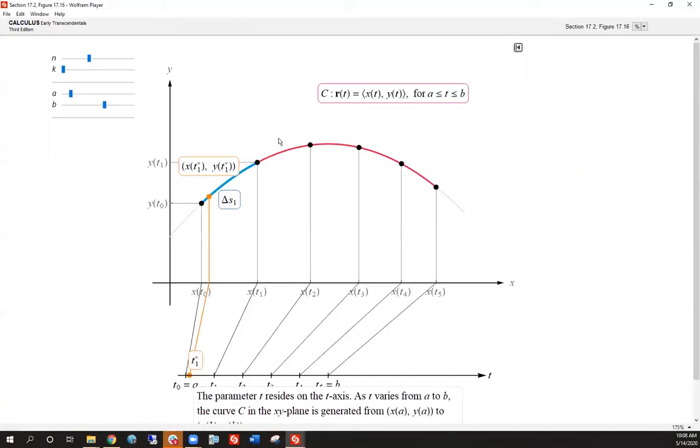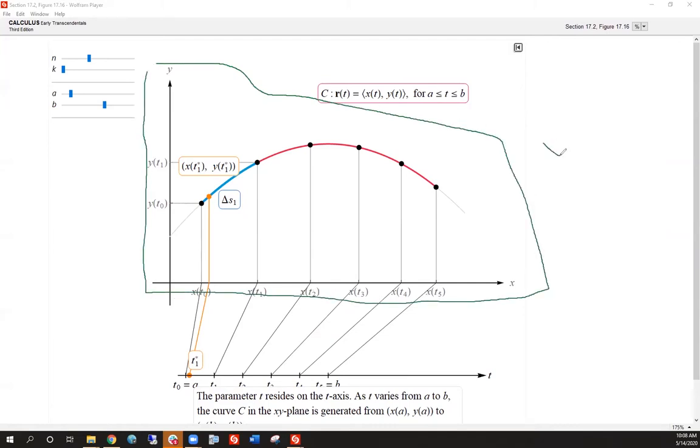Okay, so I want to point out that when you parameterize, you have this graph here that's in terms of X and Y, and this is visible, like something that you can see.